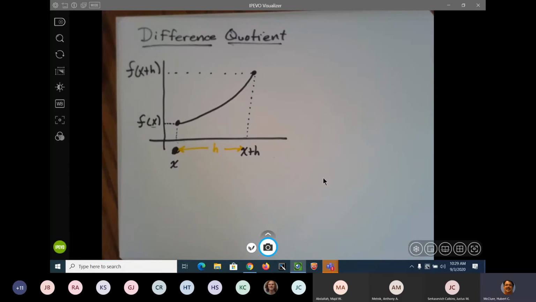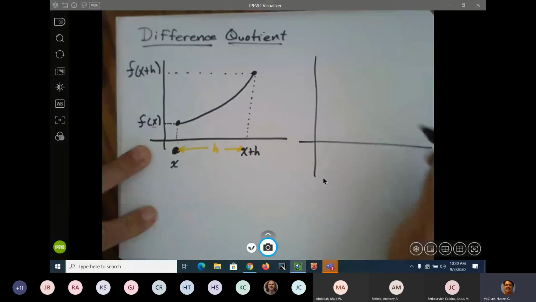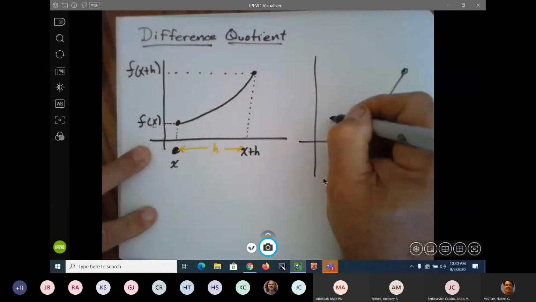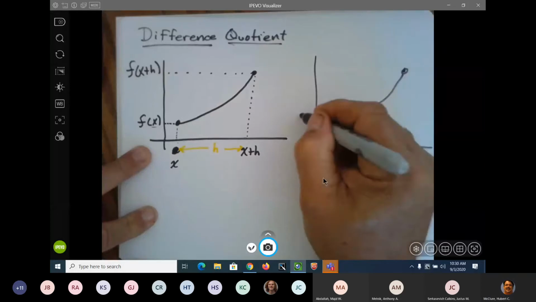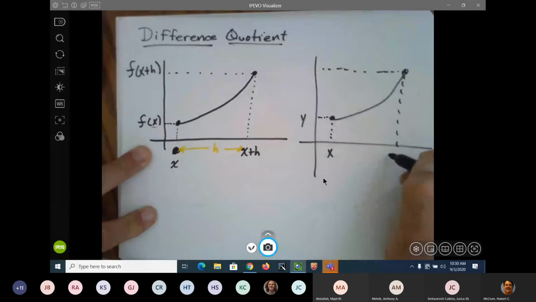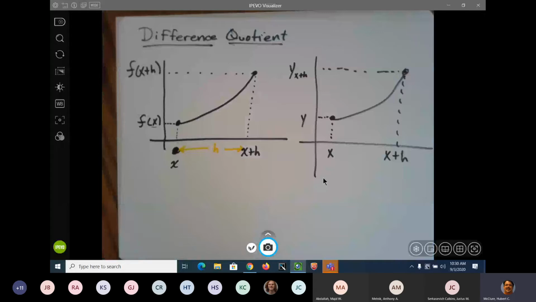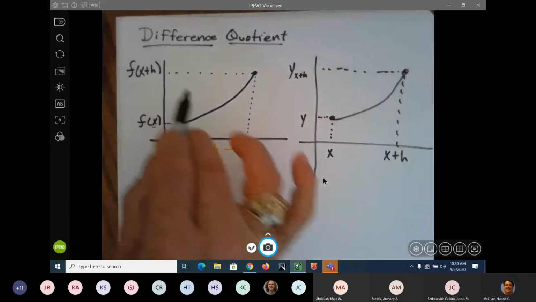If you want to write it in terms of pre-algebra, X plus H, you could say Y of X plus H. Okay, that's the way we did it a long time ago. Now we're doing it like this.